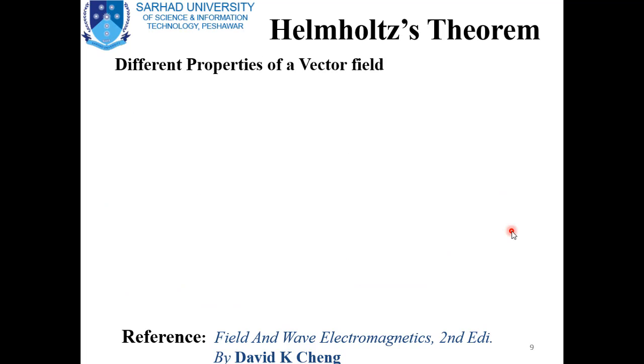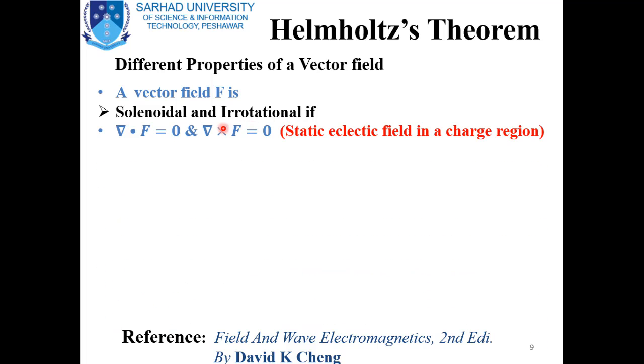Now, after discussing the divergence and curl of a vector function, we can write different properties of a vector field, and this is the basis for the Helmholtz theorem. If a vector field is solenoidal and irrotational, then mathematically it can be written as del dot F equal to 0, because it is solenoidal, so the divergence of the function is 0.